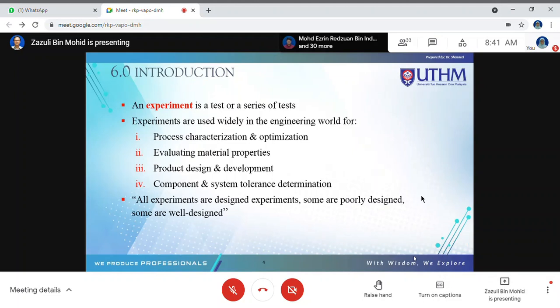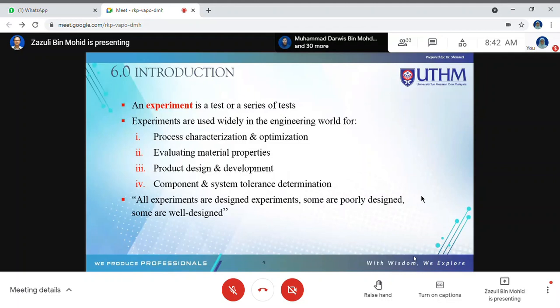Experiment can be anything, as long as you conduct an exercise and then you obtain data. Data can be numerical, and it also can be not numerical. But in engineering, most of the time you are going to look for numerical data.